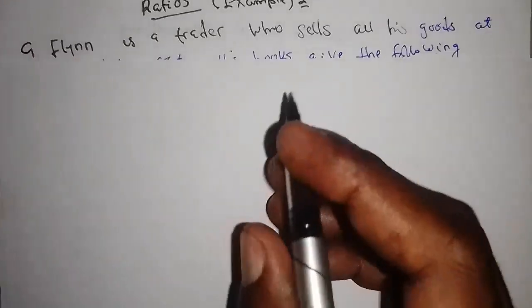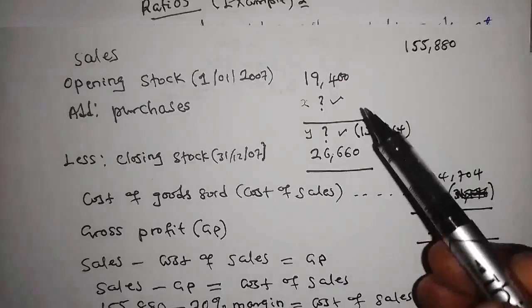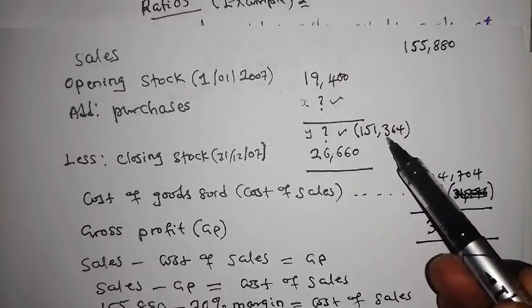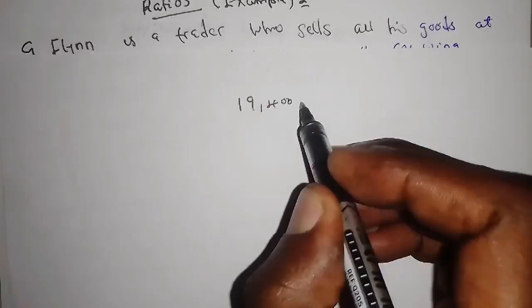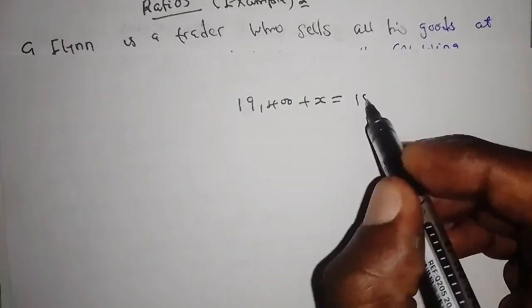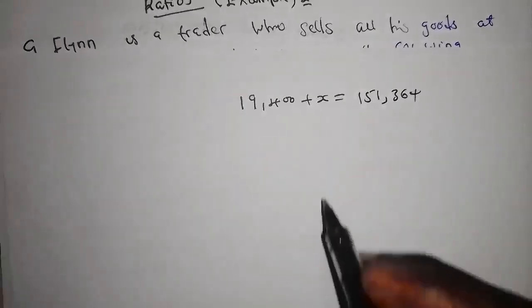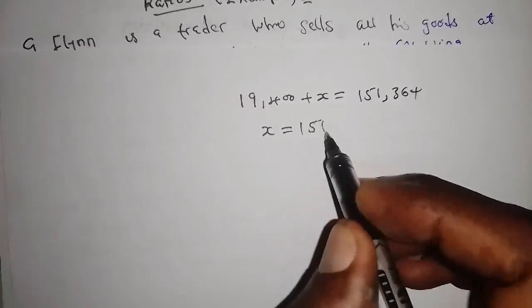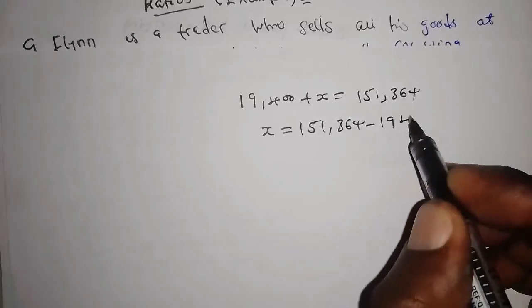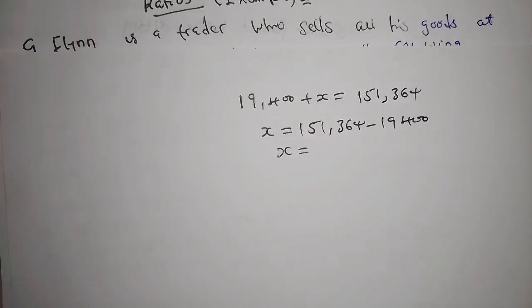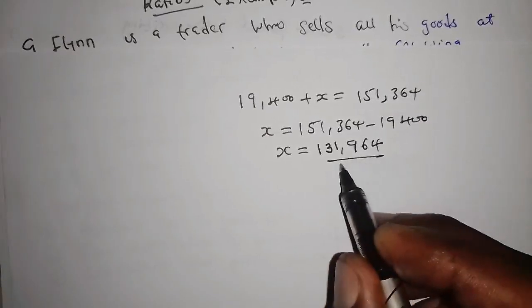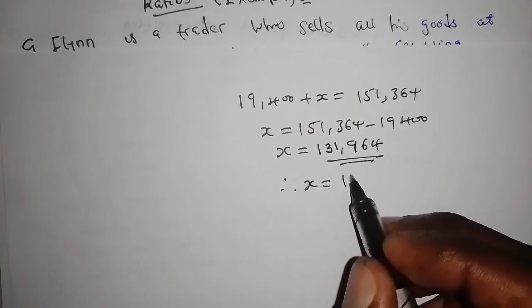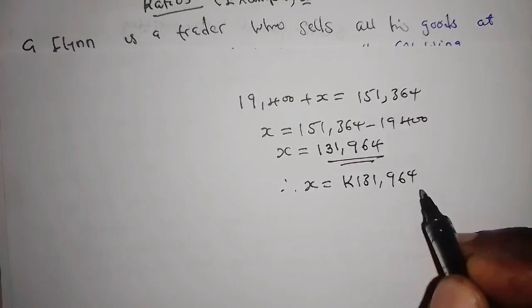So 19,400 plus x equals 151,364, and we can find x by saying 151,364 minus 19,400, which gives us 131,964. So our x is 131,964.